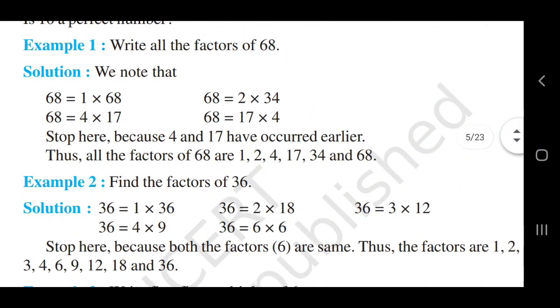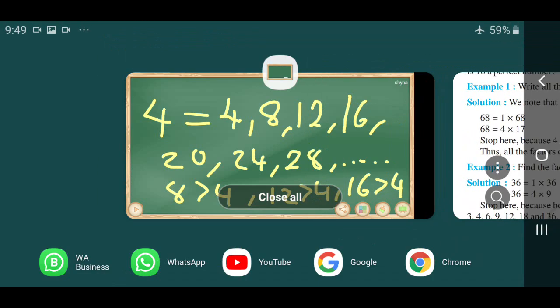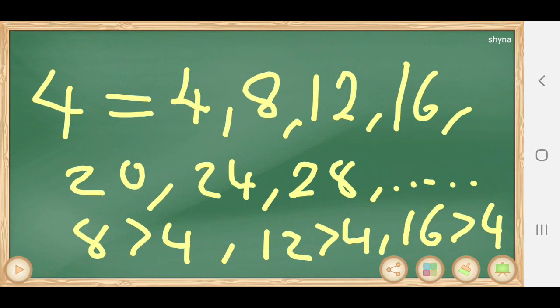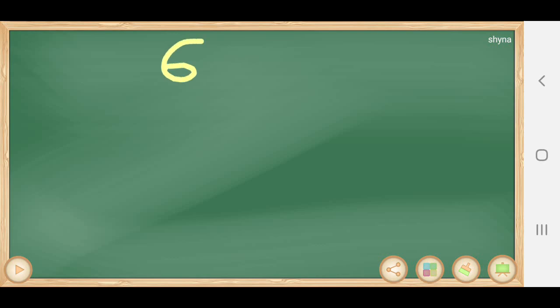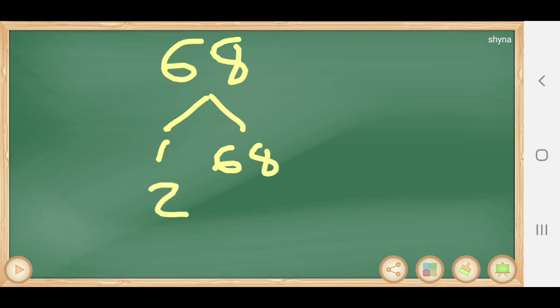Then two problems, let's discuss. Write all the factors of 68. How can you write 68? 1 into 68, 2 into 34, 3 into, no, 4 into 17.